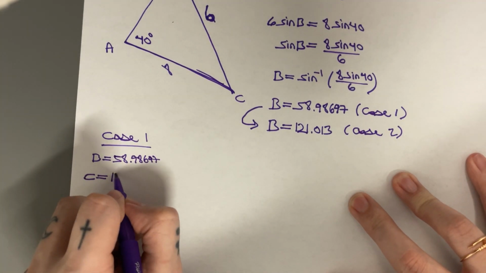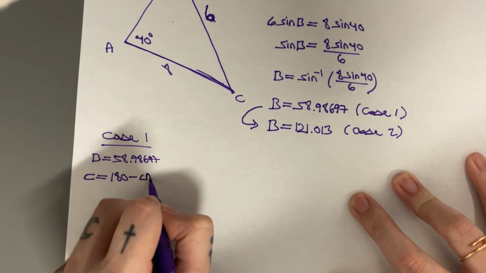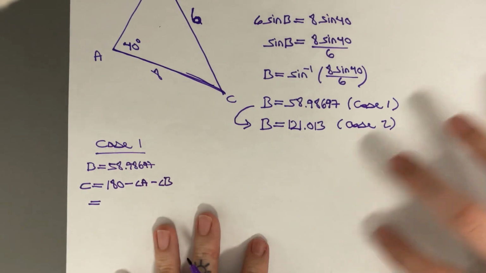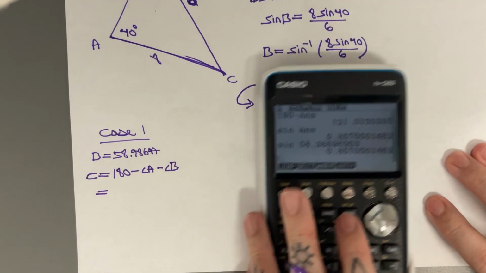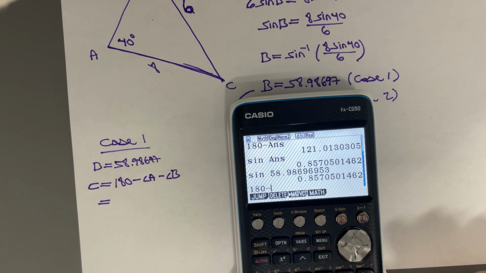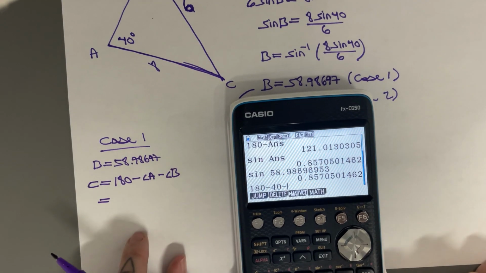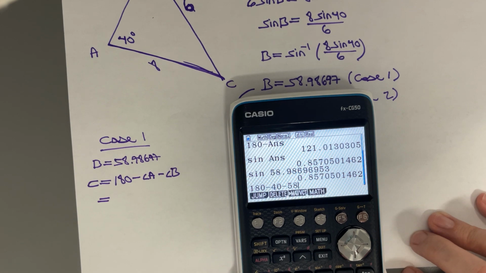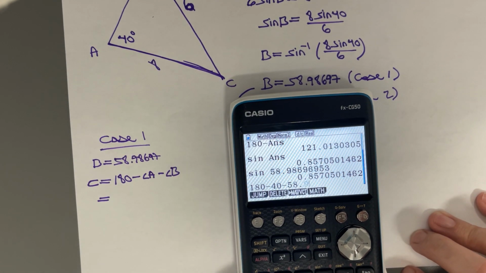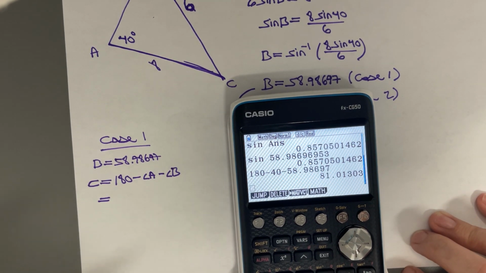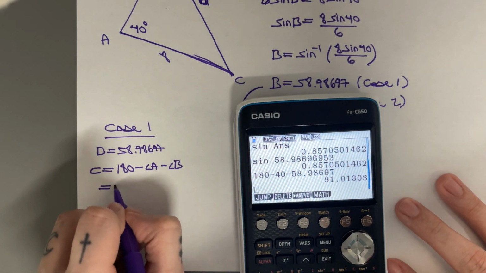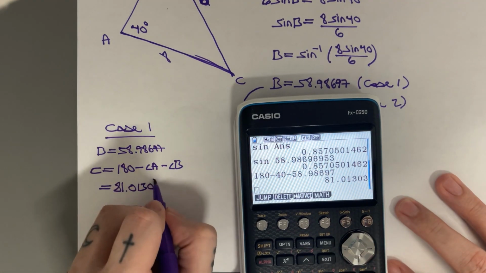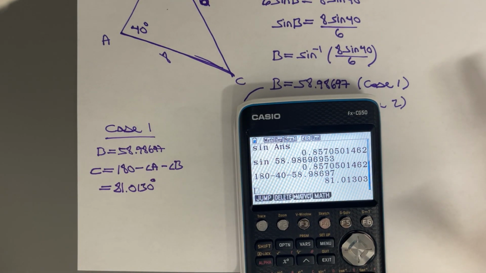So to do this, I'm going to do 180 degrees minus angle A, then minus angle B, and I want to see if we're going to get enough degrees left over to actually have angle C. So I'm going to do 180 minus angle A, which is 40, then minus angle B, which we're saying in this case is 58.98697. So that means our final angle, angle C, will be 81.0130. So that works. That's 180 degrees.